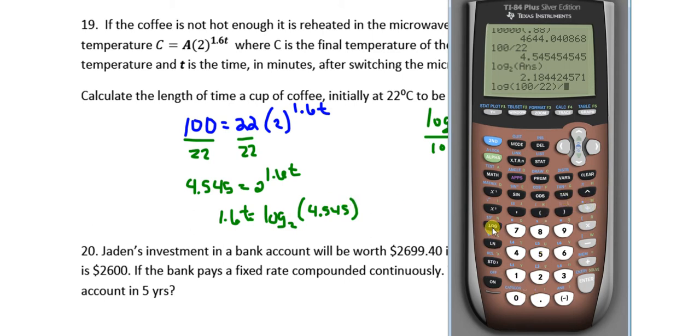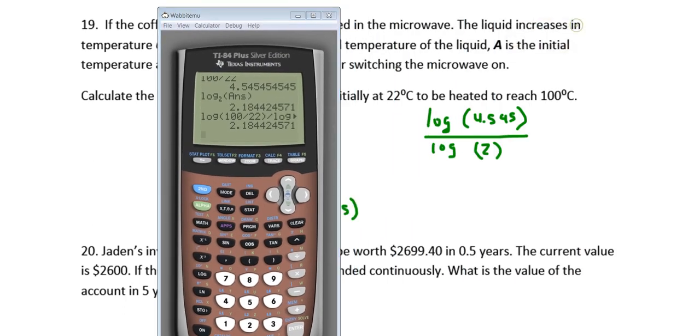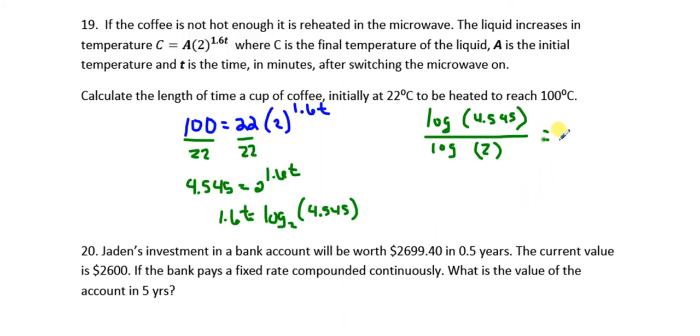That's the change of base. So it should give me the same answer. 2.1844. You can see these two answers are the same. So in other words, how you want to do it on your calculator, log of 4.545, that's log of 100 divided by 22 and divided by log of 2. It equals 2.18.